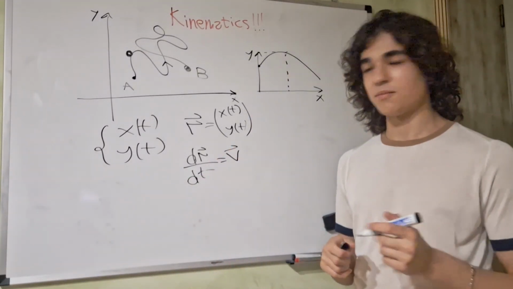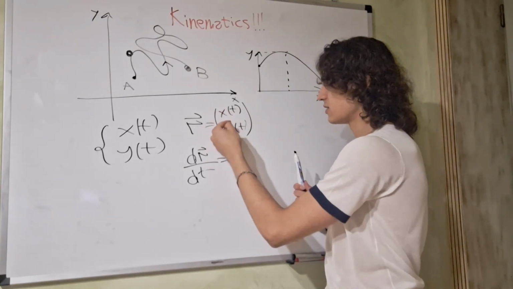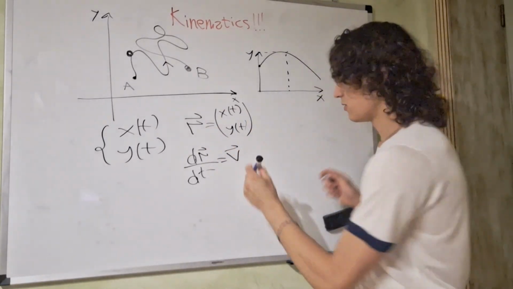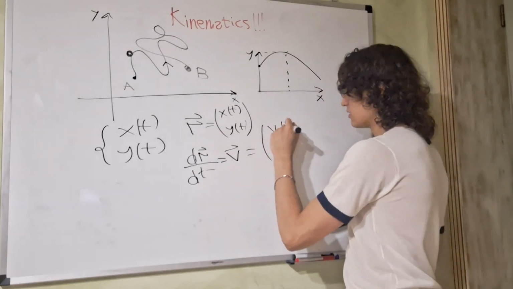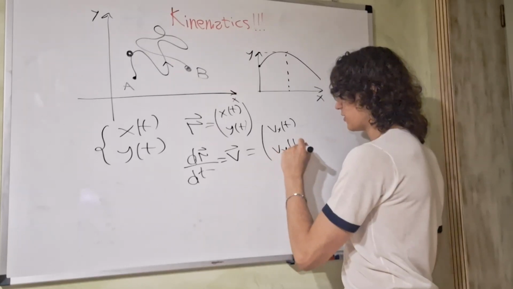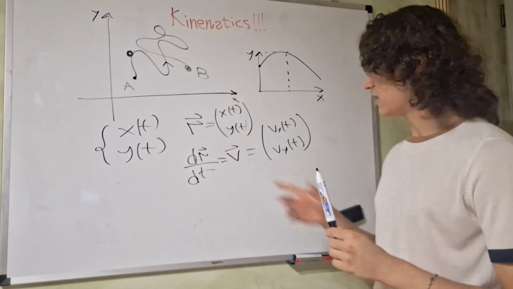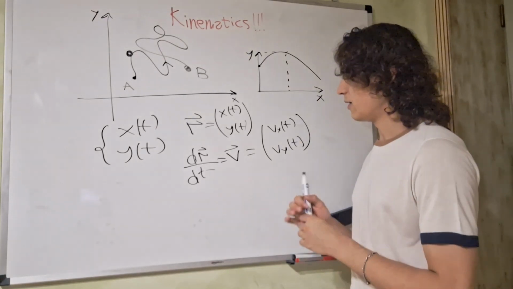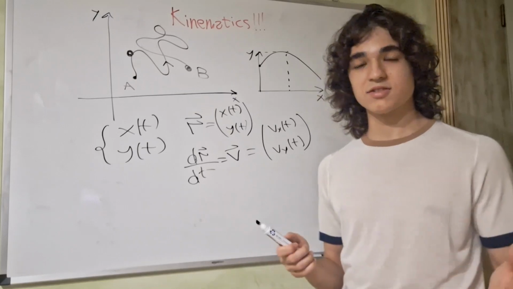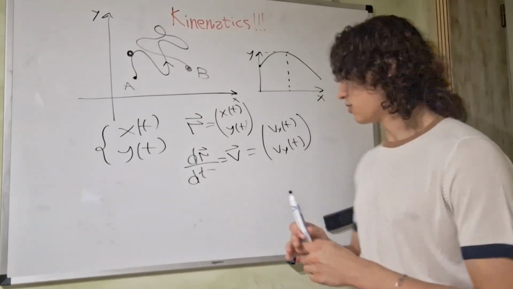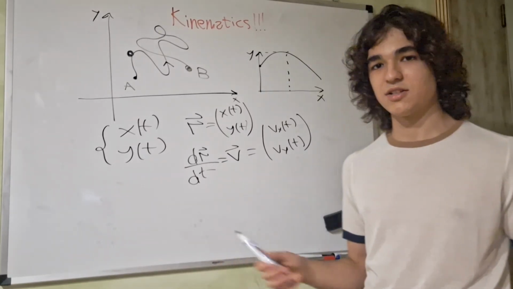this is also a vector, because what we do in Cartesian coordinates is just take the derivative of these two components, so this vector has components v along x as a function of t and v along y as a function of t. Nothing too crazy, but this is important because this tells us how the position changes, and if we want to know how velocity changes, we introduce the derivative of the velocity, the second derivative of position, that is acceleration.